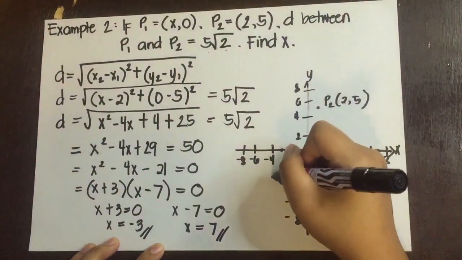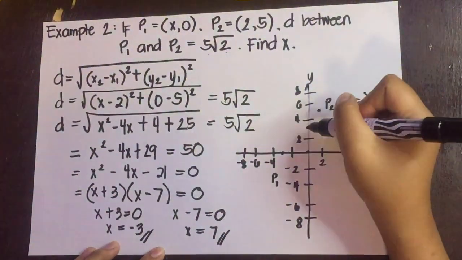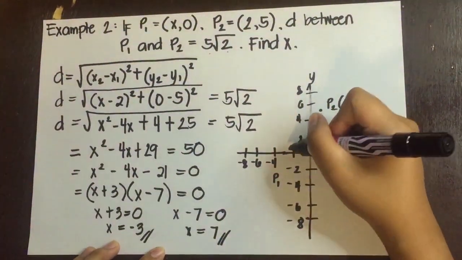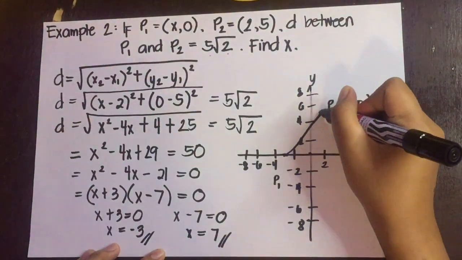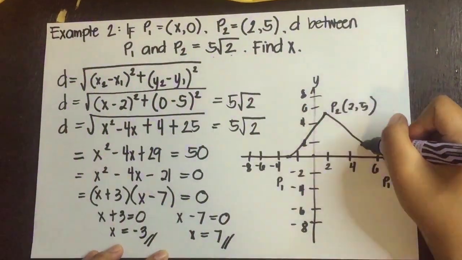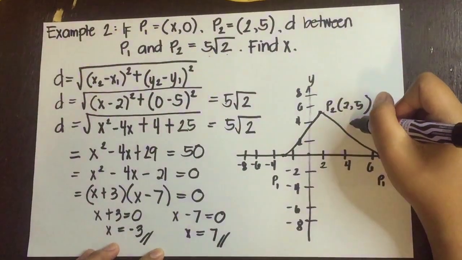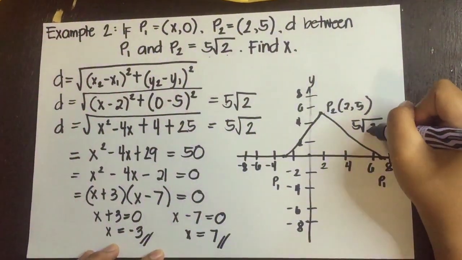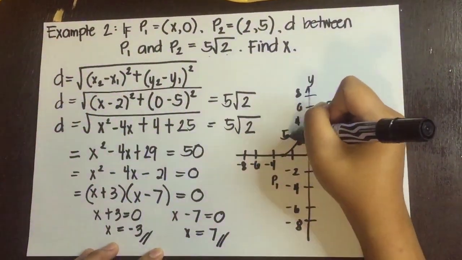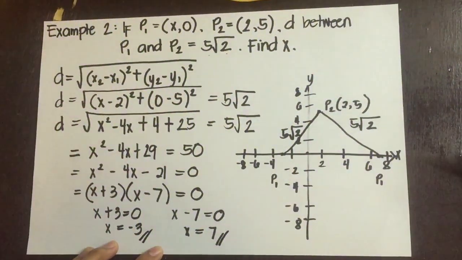This will be our point 1, which is our x. Connecting these points, their distance is 5 square root of 2.